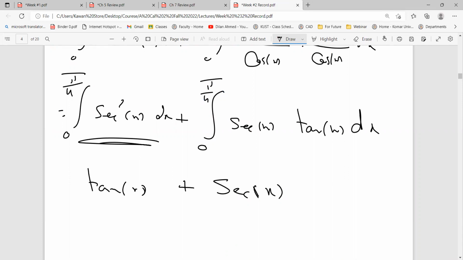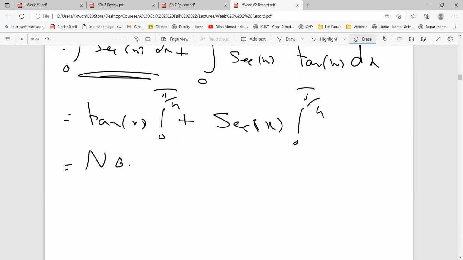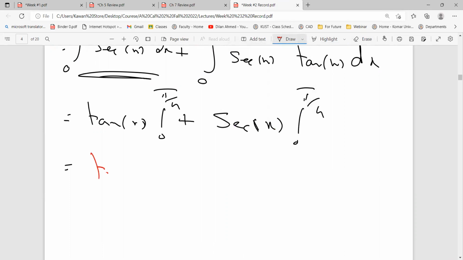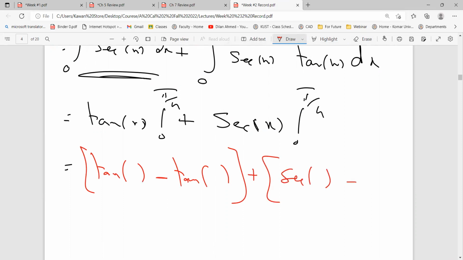So we have from 0 to pi over 4, and you'll get numbers. It is equal to tan of the first minus tan of the second plus secant of the first minus secant of the second.